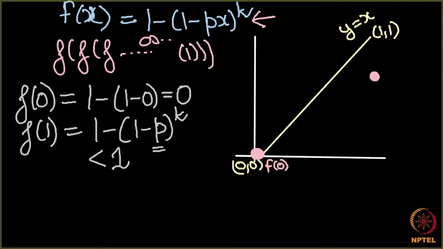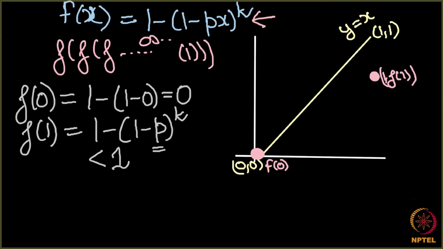So this point is 1, f of 1. Okay, we have seen the starting point of this function and the ending point. What happens in the middle? How does this function look? That's also easy to calculate. Let us see how we can calculate that.